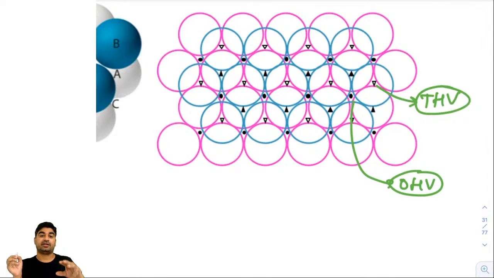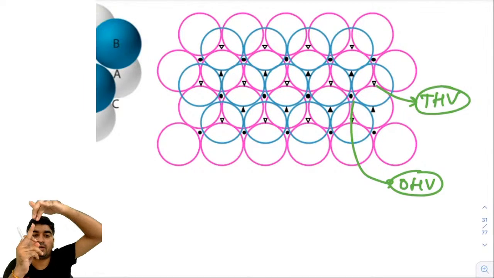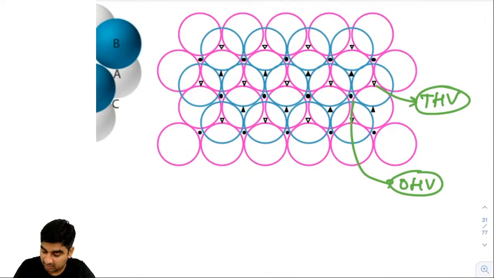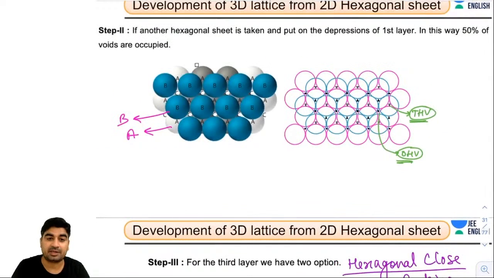Tetrahedral void is surrounded by 4 atoms, and octahedral void is surrounded by 6 atoms. So we have two types of void, tetrahedral and octahedral. Every time you do this layering, both types of void will be formed.